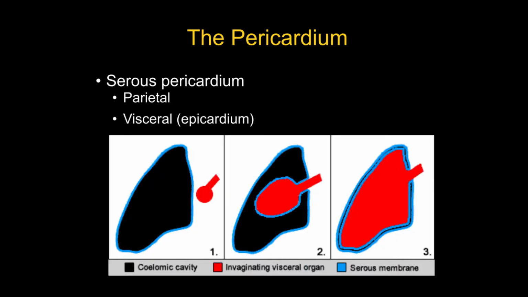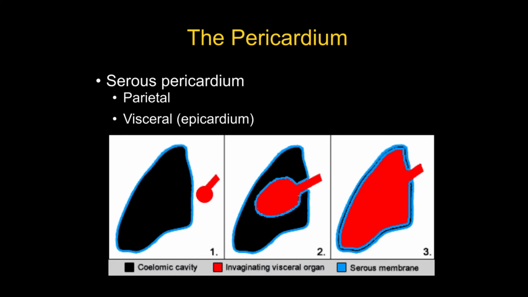To understand what the serous pericardium is, we go back to embryology and fetal development, when the heart existed outside of the cavity of the fetus known as the coelomic cavity.